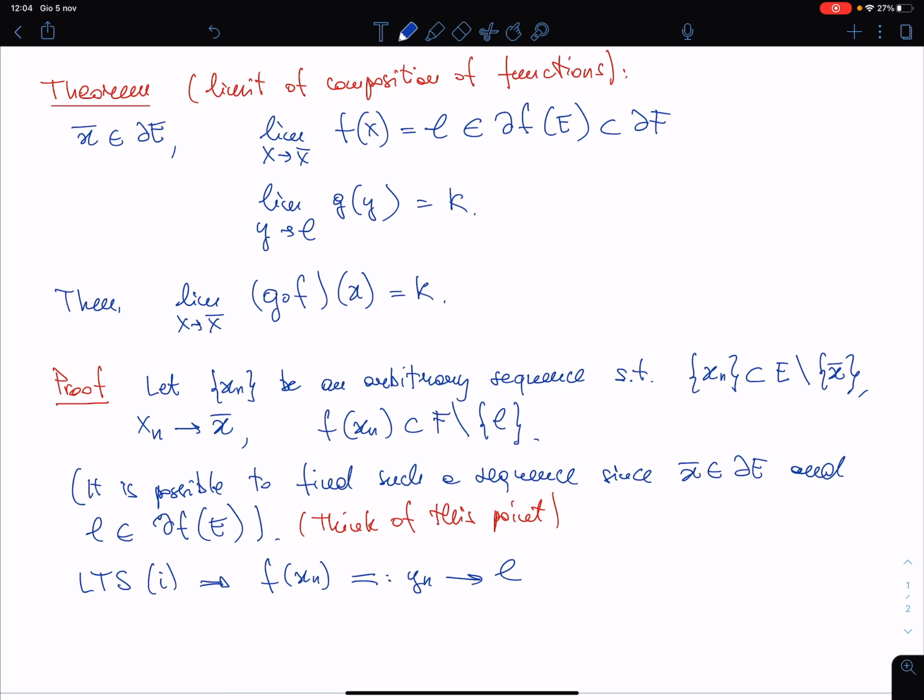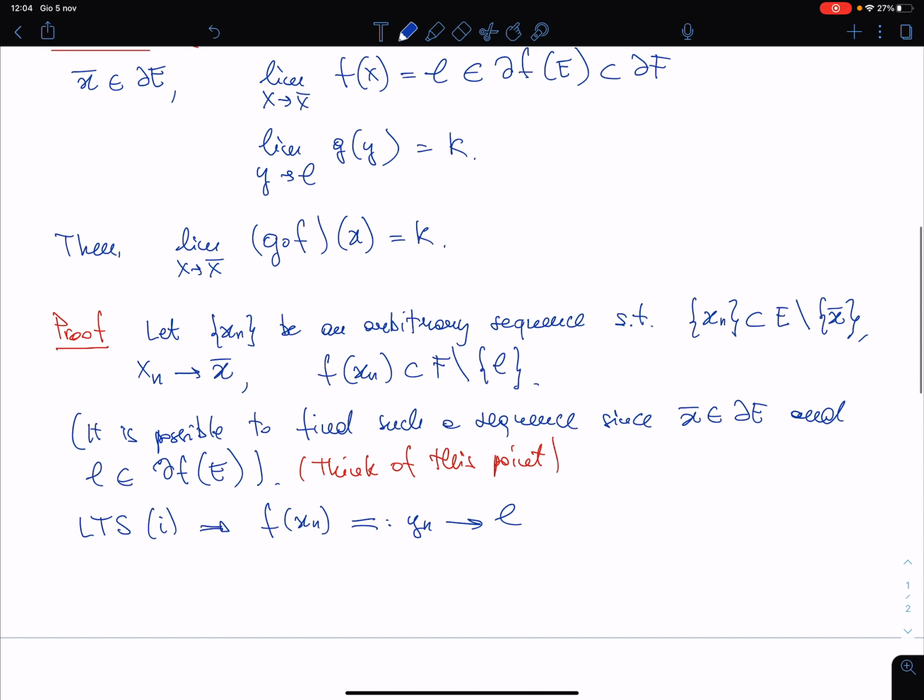So this means that if we take g composed f of xn, this is equal to g of f of xn.